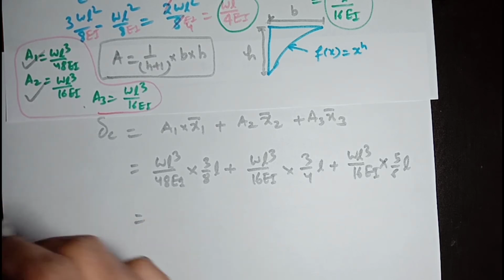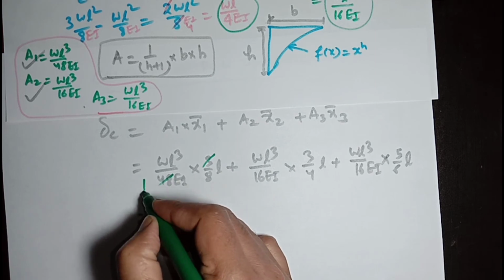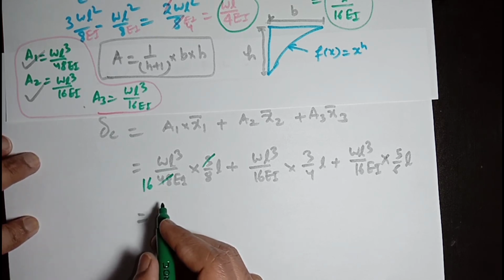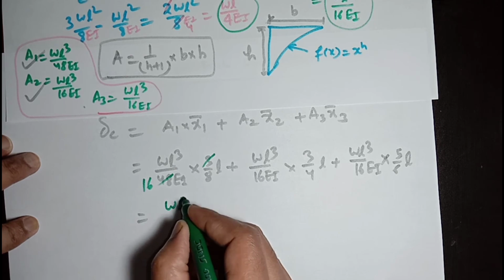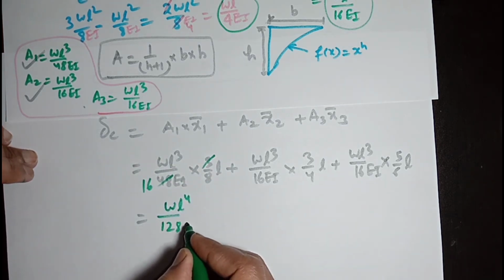So here we can write, 16 into 8 will give 128, so WL to the 4 divided by 128 EI.